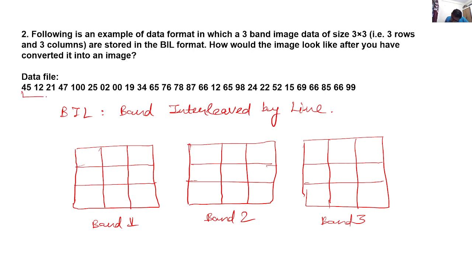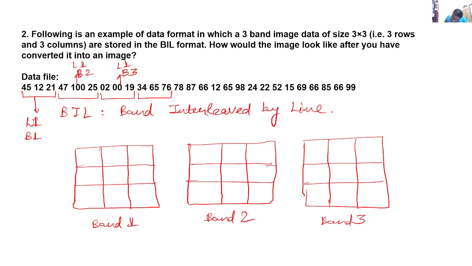So 45, 12, 21 would be in L1, line 1, and band 1. Then the next 3 values would go to line 1 but band 2, so B2. This is how I'm showing it. Then again 3 values would go to L1 but B3.